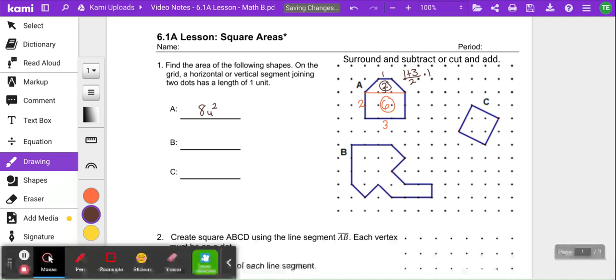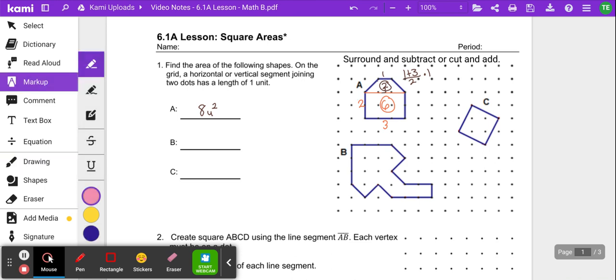Okay. When I look at B, because it's tilted on the diagonal, I would tend to surround and subtract. So I'm going to surround it with a big rectangle. And then I'm going to subtract some pieces off.